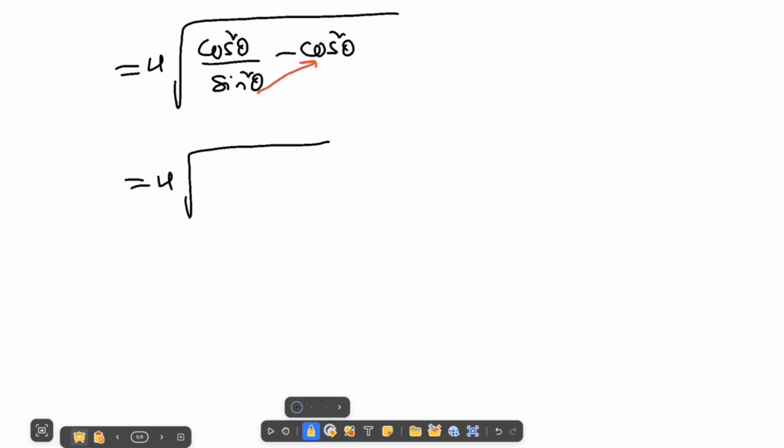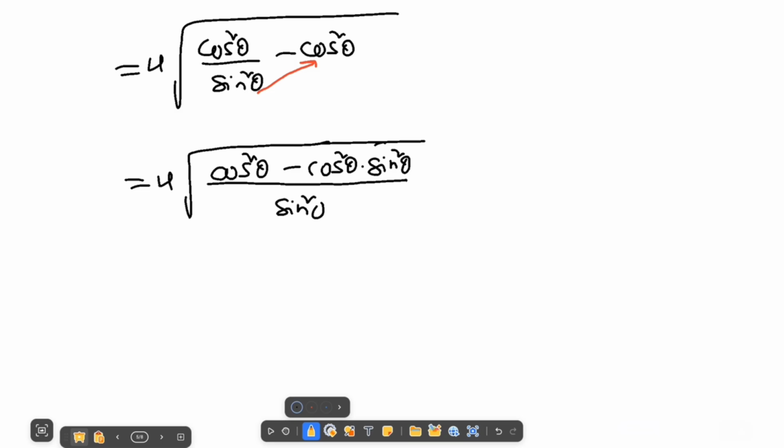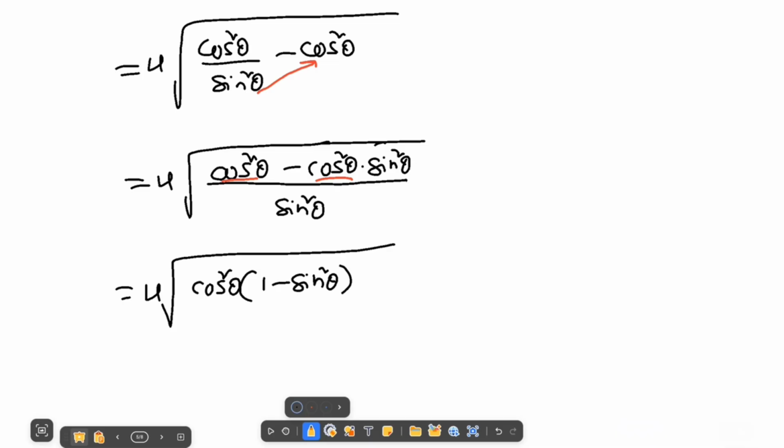Now this will become cos square theta minus cos square theta into sin square theta whole by sin square theta. So from the numerator we can take cos square theta common. So cos square theta of 1 minus sin square theta whole by sin square theta.